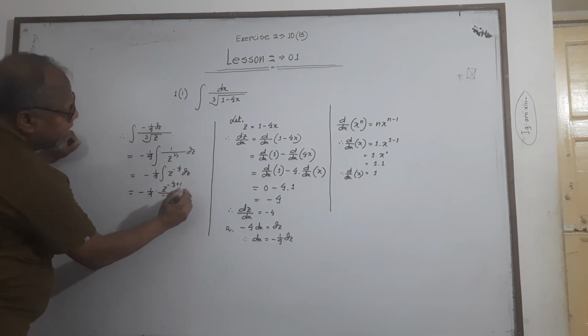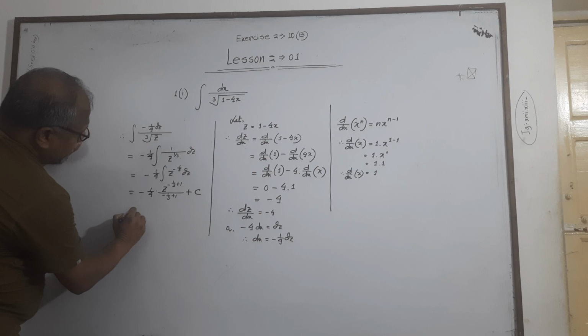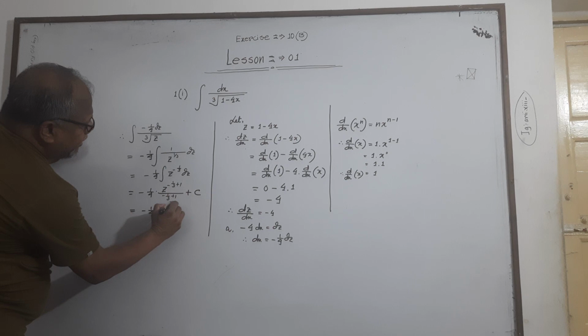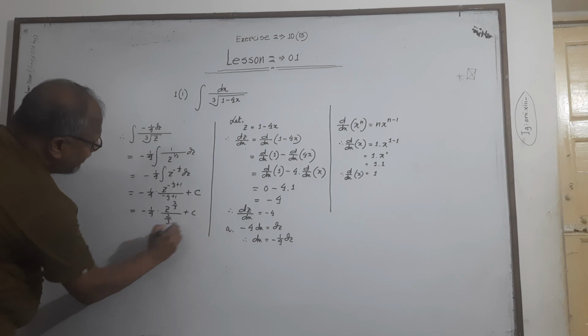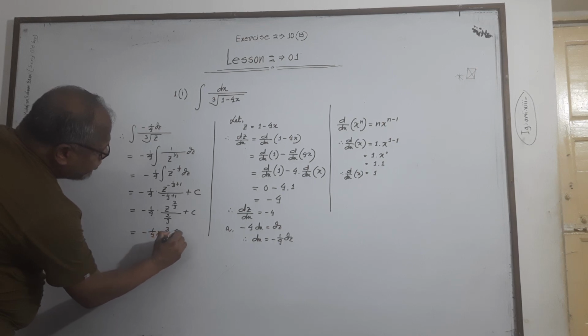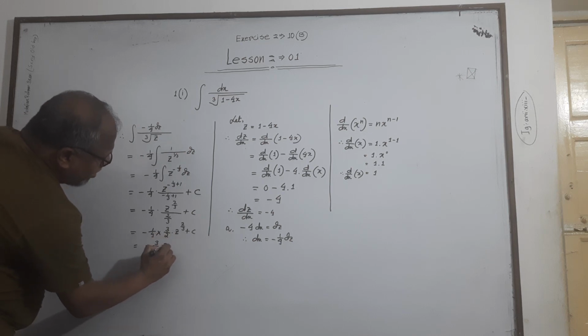My integration is complete here, so I have to add the integration constant c. Here minus 1 by 4 into z to the power minus 1 by 3 plus 1, that is 2 by 3, divided by 2 by 3, plus c. The 3 will go up and the 2 will go down, so it is minus 1 by 4 into 3 by 2 into z to the power 2 by 3 plus c, which is minus 3 by 8 z to the power 2 by 3 plus c.